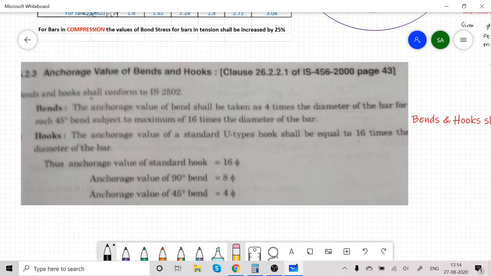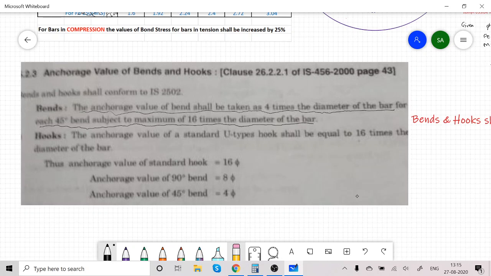The bends and hooks shall conform to IS 2502. For bends, the anchorage value of a bend shall be taken as 4 times the diameter of the bar for each 45-degree bend, subject to a maximum of 16 times the diameter of the bar.